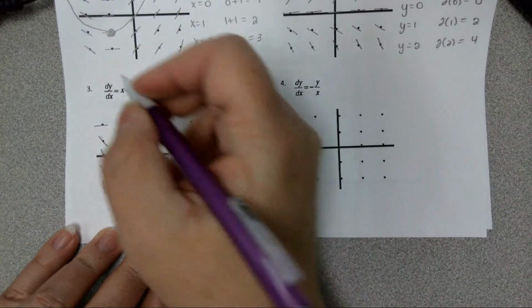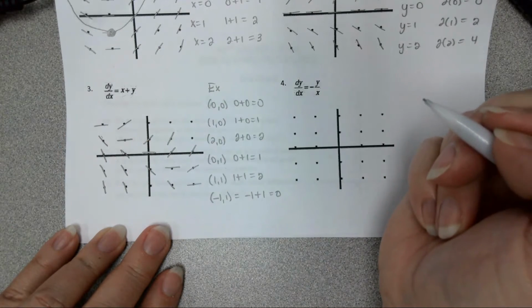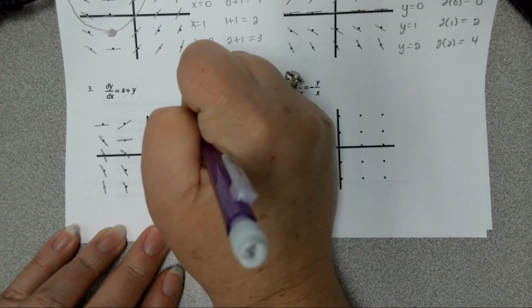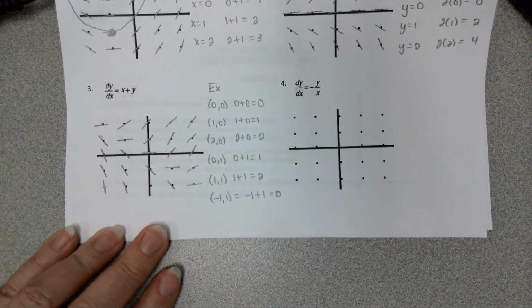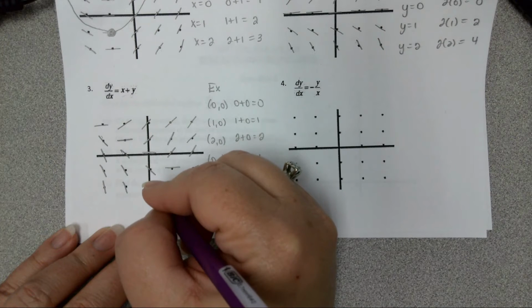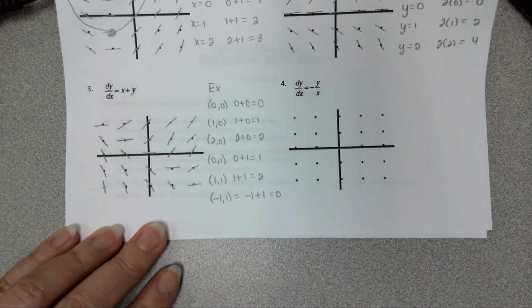These diagonals are all a positive 1. Then we've got the positive 2, then a little more steep and a little more steep. This one is the point 0, negative 2, so your slope is negative 2. So it's steep right there.